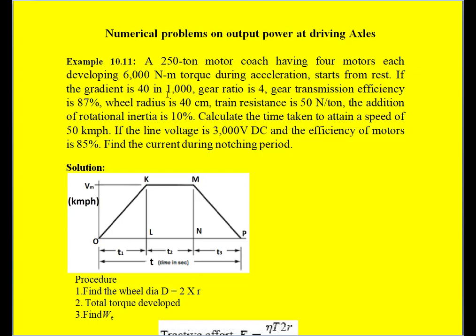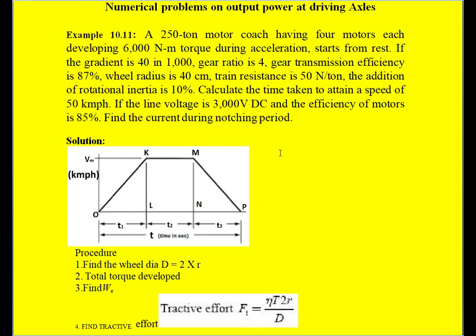If the gradient is 40 in 1000, gear ratio is 4, gear transmission efficiency is 87%, wheel radius is 40 centimeters, train resistance is 50 newtons per ton, and the addition of rotational inertia is 10%, calculate the time taken to attain a speed of 50 km per hour if the line voltage is 3000 volts DC and the efficiency of the motors is 85%. Find the current during notching period.